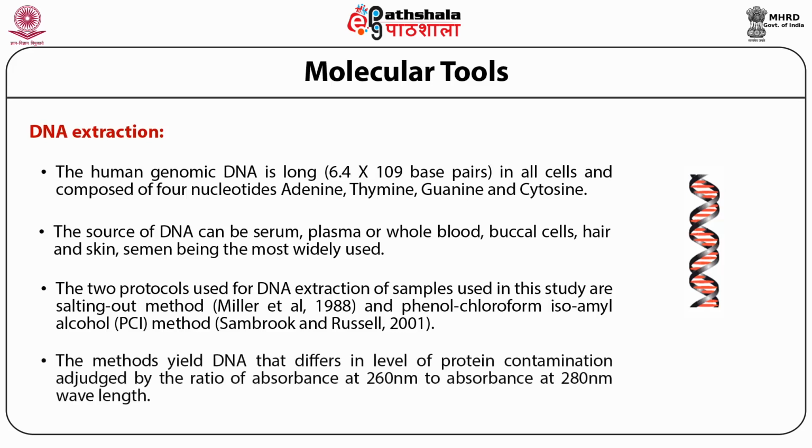The methods yield DNA that differs in level of protein contamination, assessed by the ratio of absorbance at 260 nm to absorbance at 280 nm wavelength. PCI extraction is known to reduce contamination due to protein more than the salting out method, but suffers from the demerit of using a corrosive chemical.